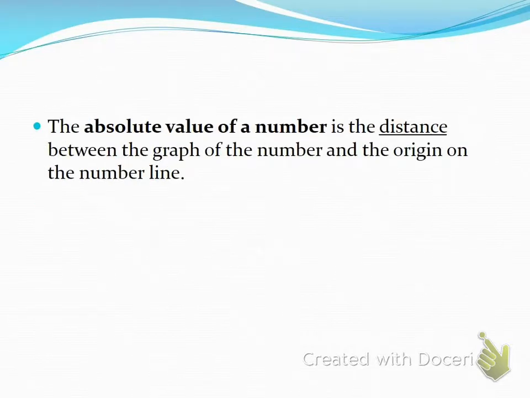Now this is related to but not the same as opposites. The absolute value of a number is the distance between the graph of the number and the origin on the number line. The distance between that number and 0.